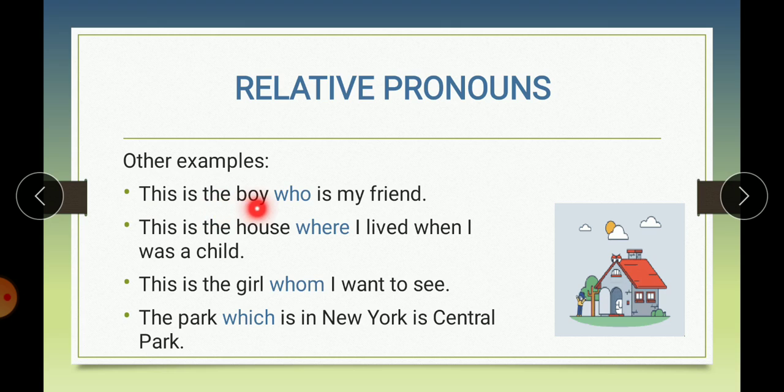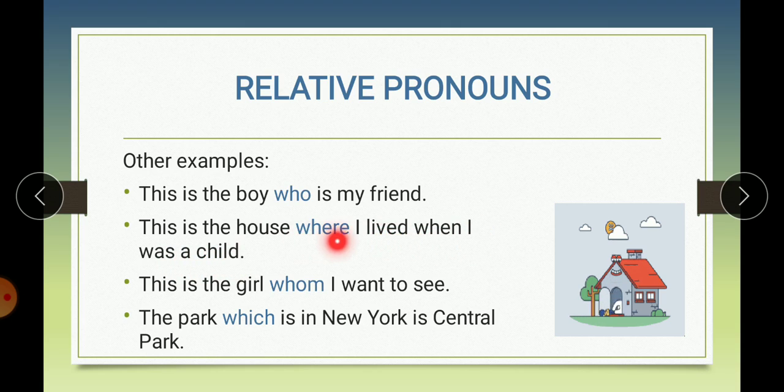This is the boy who is my friend. So who is a relative pronoun that is referring back to the noun, boy. This is the house where I lived when I was a child.